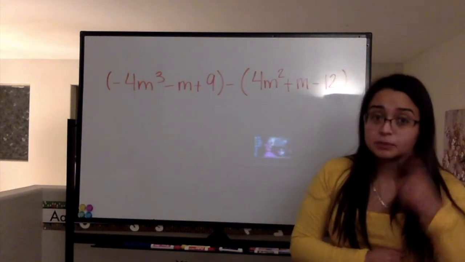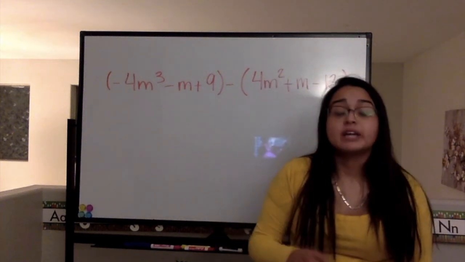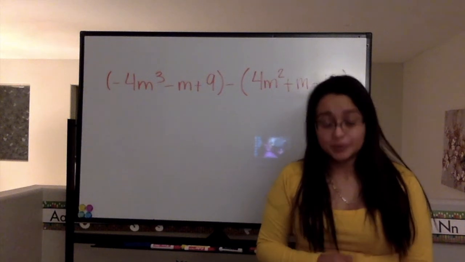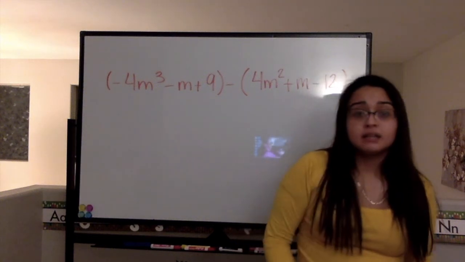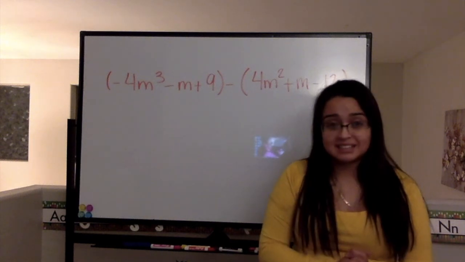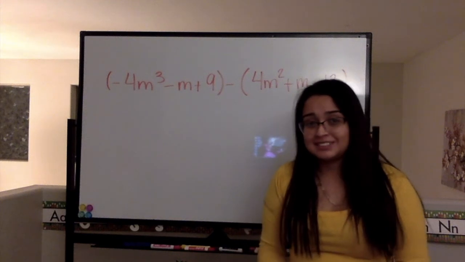Remember, your exponents, which are these little numbers up here, have a lot to do with how you are going to be aligning them, okay? If you have any questions on how to do it or anything like that, please don't hesitate and ask. I'm here to help if you have any questions, okay?